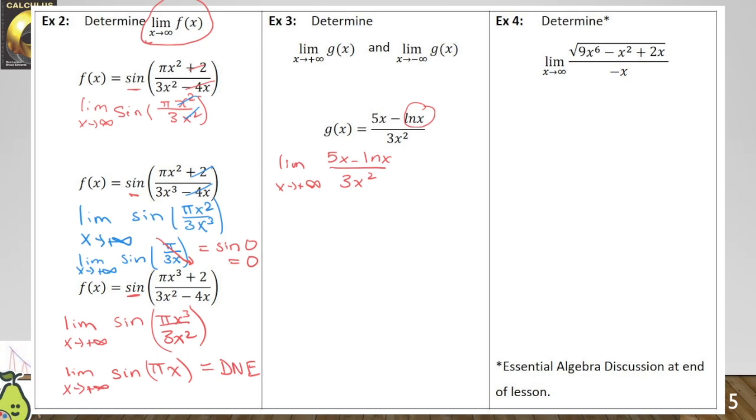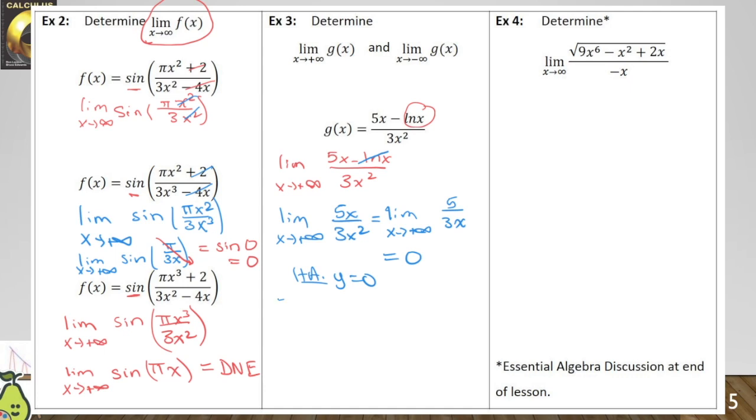In this case, the natural log of x is much slower as you go towards infinity, and it is the lower order term. So we get the limit as x goes to positive infinity of 5x over 3x squared, which simplifies to the limit of 5 over 3x, which is, of course, 0 once again. So the tail end behavior goes to 0, or you actually have a horizontal asymptote at y equals 0.